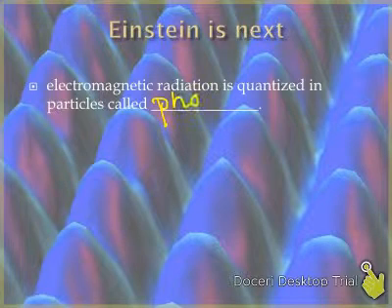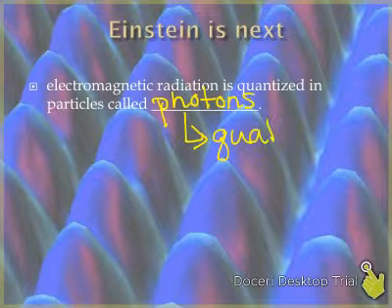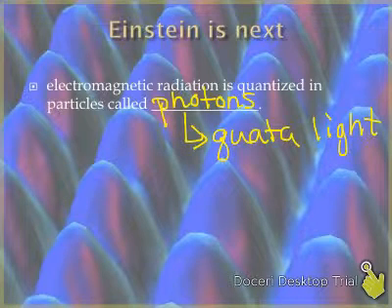Photons. So photons are light quanta. When we are talking about a specific amount of energy needed to move electrons between energy levels, and we are specifically talking about light energy, we term it a photon. So a photon is light quanta.